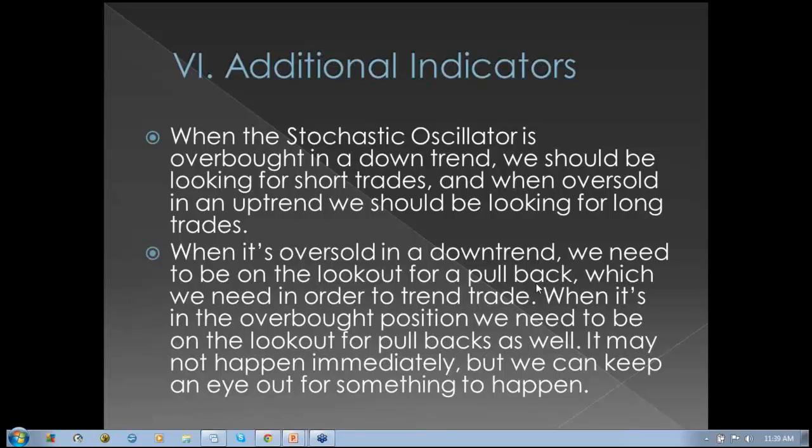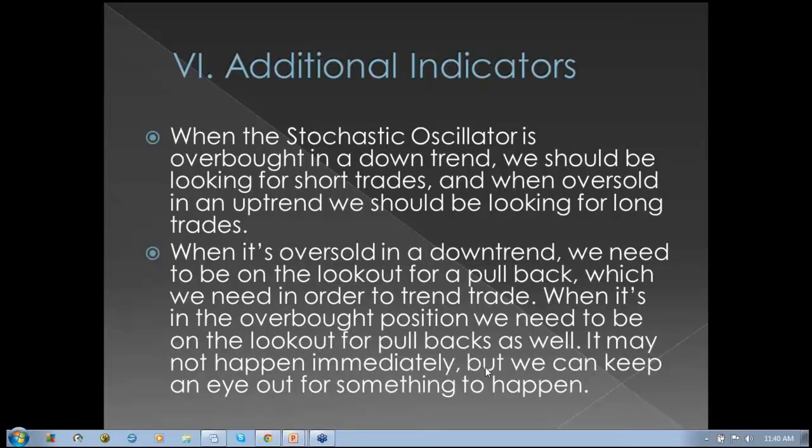It's a good indication that things are going to turn around and go back the other way, which we need in order to trend trade the direction that we want to trade. And if it's oversold in a downtrend and the market completely turns around, you haven't missed anything. You're waiting for the proper setup, and you're saying conditions are not right for me to do this right now, so I am going to wait.